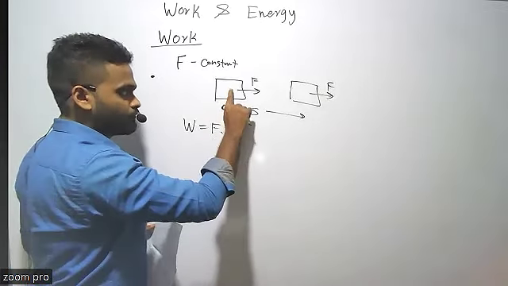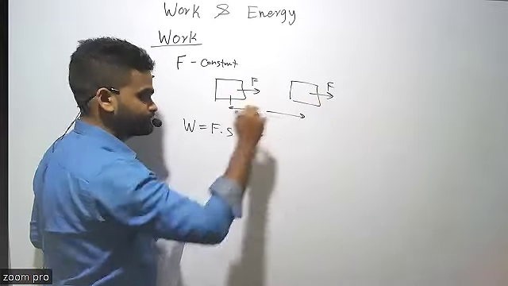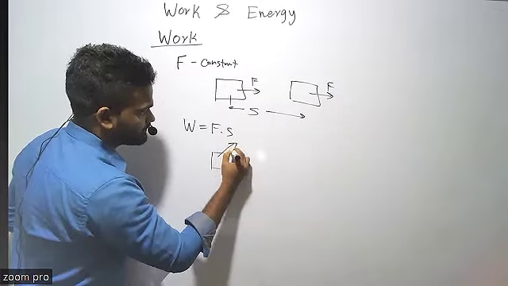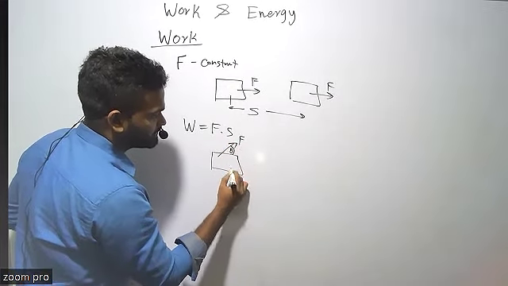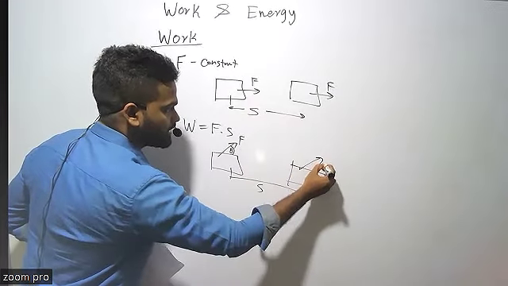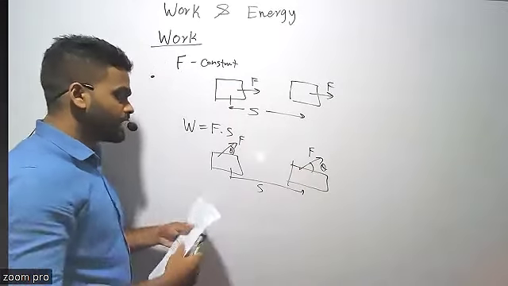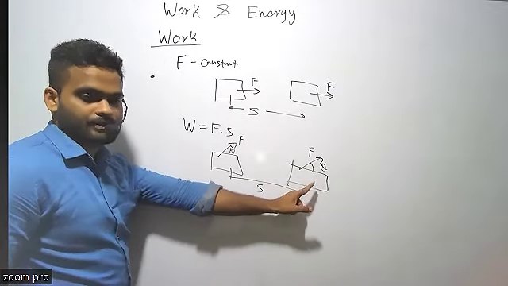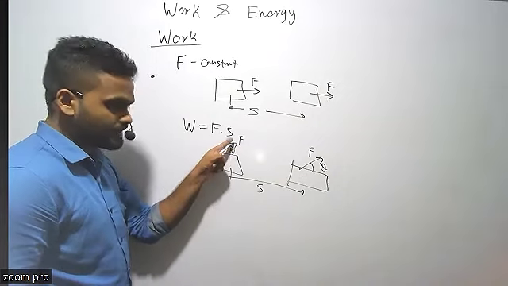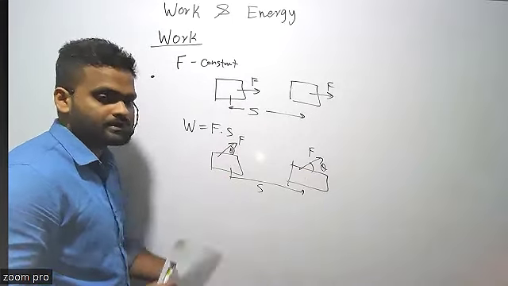Actually, the force and the displacement should be in the same direction. Let's say you apply the force like this, and this angle is theta, and displacement is s. You apply a constant force, but the object is moving in this direction. You always have to consider the force component towards the displacement.